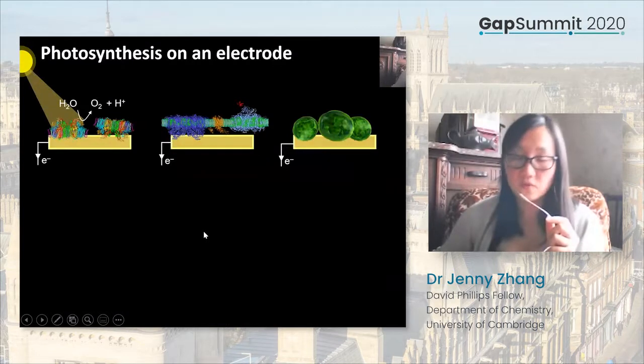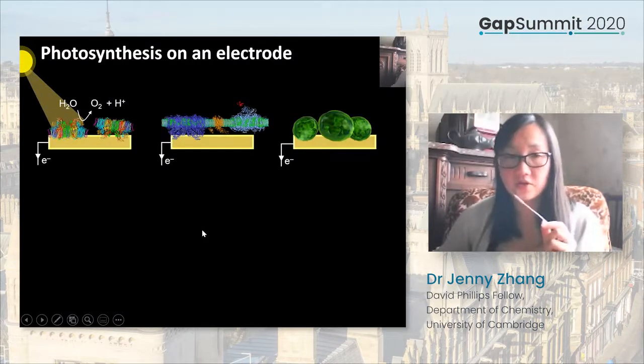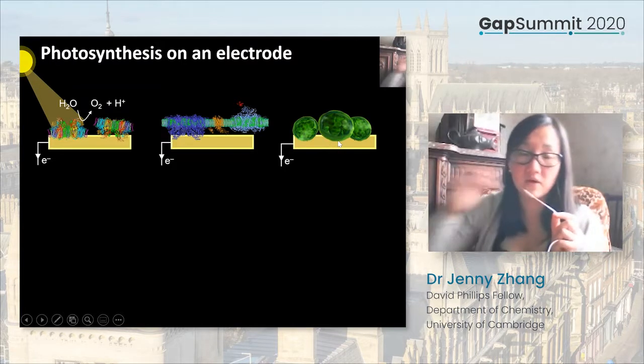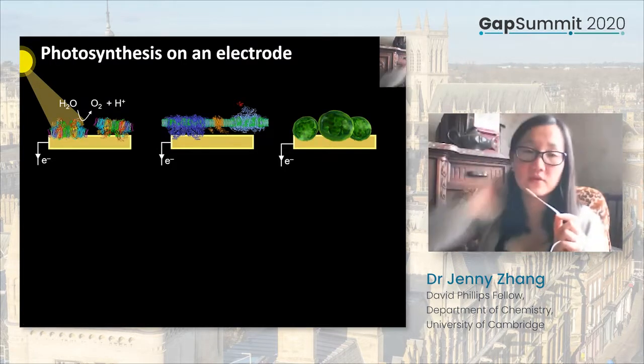And so really what my research is trying to do is think about how we can exploit photosynthesis and study them. To do this, we study photosynthesis on different levels, from the molecular level to subcellular level to whole cell level, and even perhaps to a higher level than that afterwards.